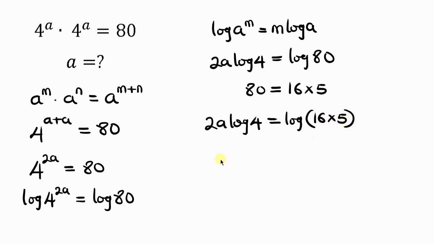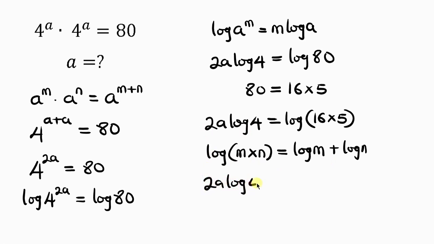Now our next step will be for us to apply another law of logarithm, which says when I have log M times N, for example, this is same as log M plus log N. Always, multiplication is always associated with addition when it comes to logarithm. So this becomes 2A log 4 equal to, following the law of logarithm, log 16 plus log 5.